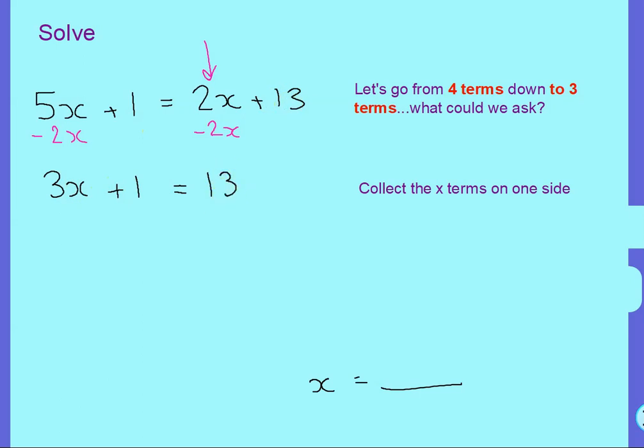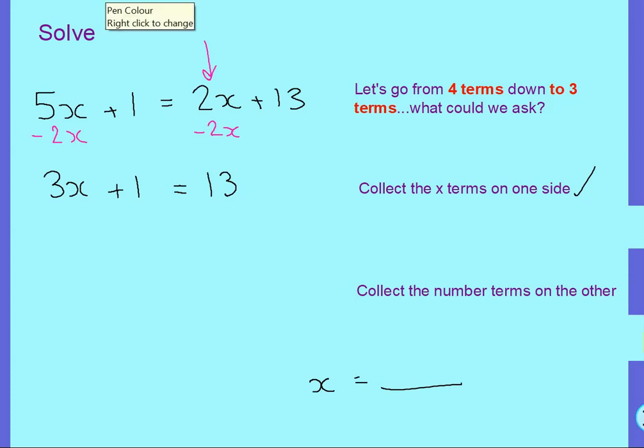Okay, so we've got all the x terms on one side. Mission accomplished. Now, when you did these before, you would have been told x is on one side and your number terms, so we have two of them, on the other side. Well, if the x's are on the left, the number term needs to be on the right. So how are we going to do that?